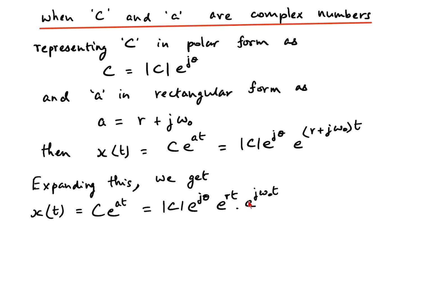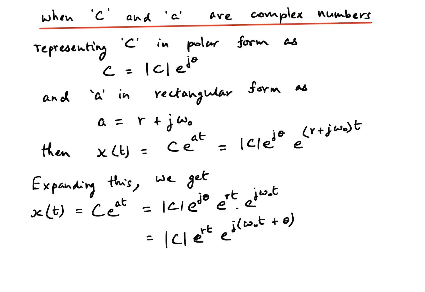E power j theta and e power j omega naught t can be combined together, and that will give us magnitude of c into e power rt, combining the terms which have j in the power, so e power j omega naught t plus theta. Okay, so that's the complex exponential in the general form when we substitute the parameters c and a as complex numbers.